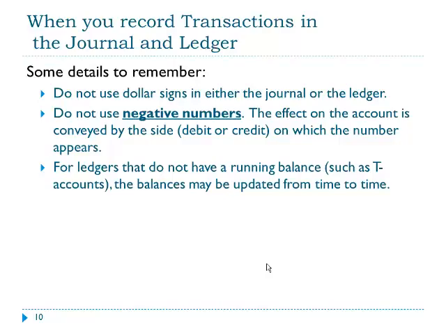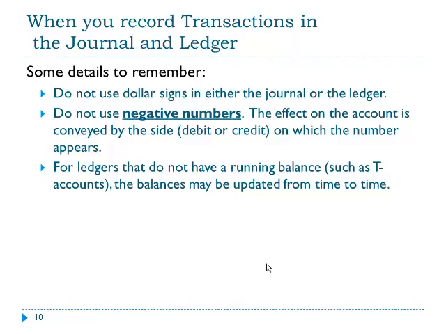Every number in the journal entry and in the ledger is a positive number. We're showing whether it's an increase or decrease by putting it on the left or the right. So if you find yourself wanting really hard to put a negative number on the left side, what that is telling you is you actually have a credit amount. Put a positive number on the other side.